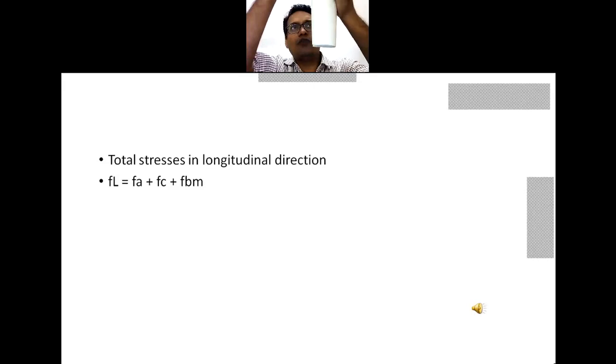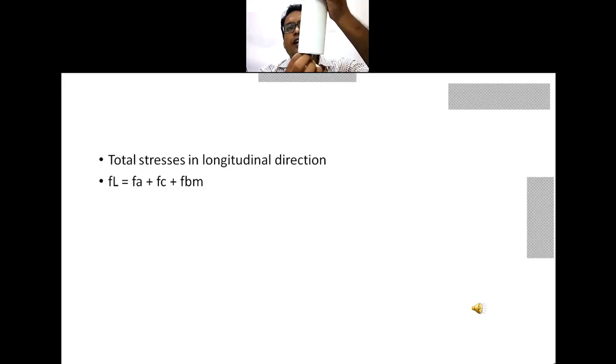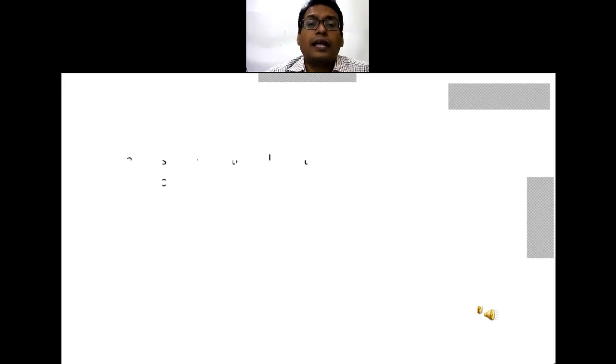All the weight acting in the downward direction, because of the vessel and its content, is also considered longitudinal. The next is the bending moment, which is also considered in the longitudinal direction. So the total three different stresses acting in the longitudinal direction are the axial stress, the stress because of the weight of the vessel, and the stress because of the bending moment, represented by FL.